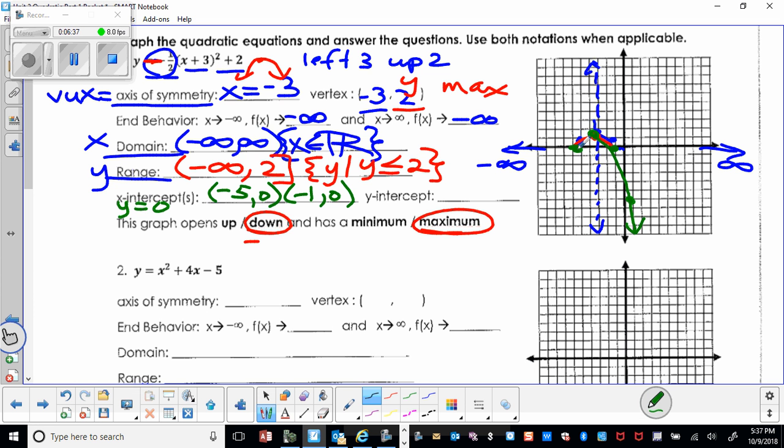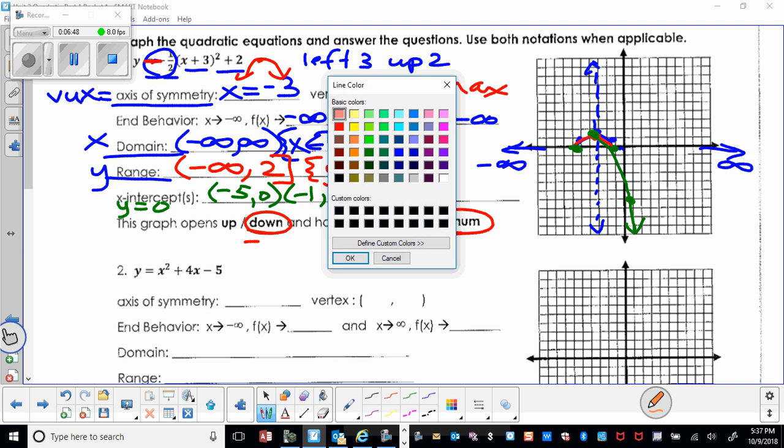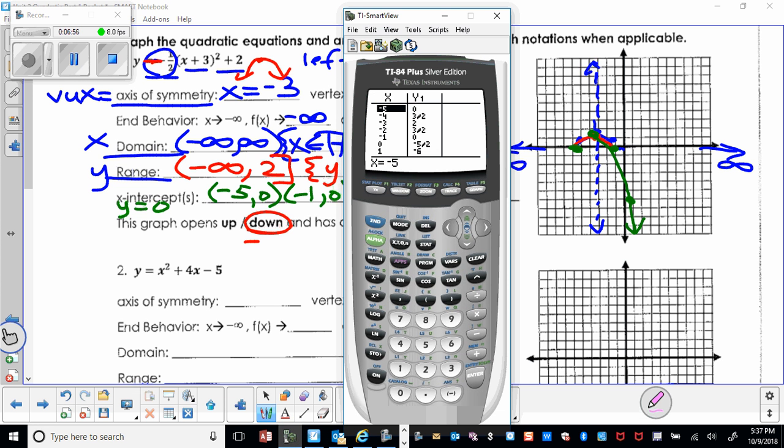Okay. Now the y-intercept is where x equals 0. Okay, so I have for my y-intercept, I've got x equal to 0. So x equals 0. And I'll look at my calculator when x is equal to 0. That's this point right here.